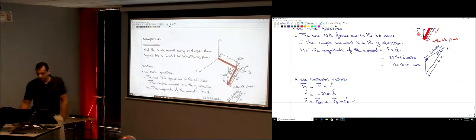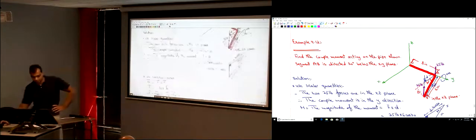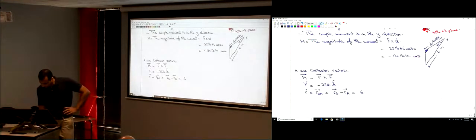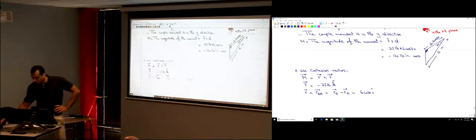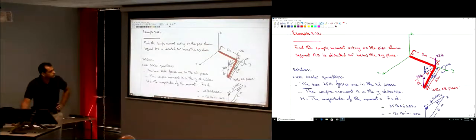RB. What's RB? The three components of point B, the coordinates of point B. X. How much is the X coordinate of point B? 6 cosine 30, I. What about the J component? 8.